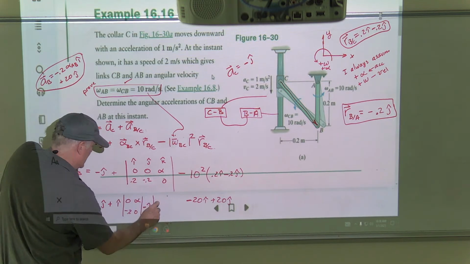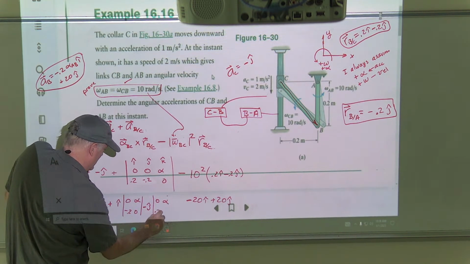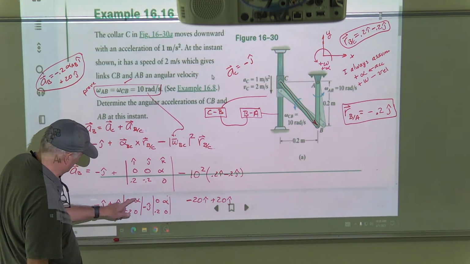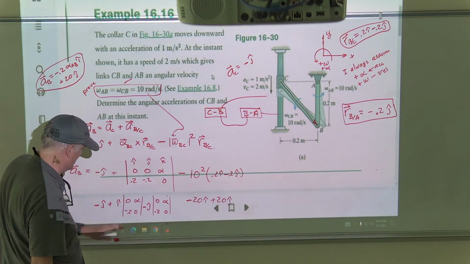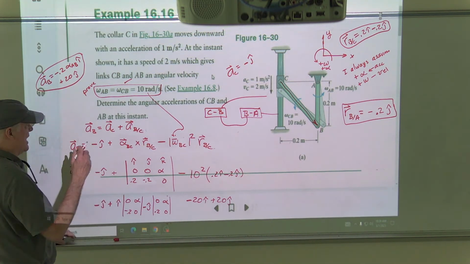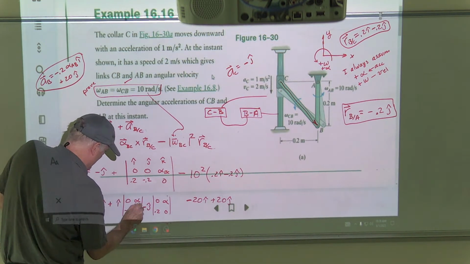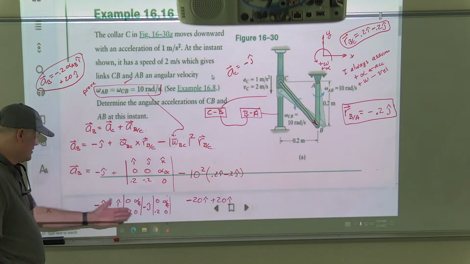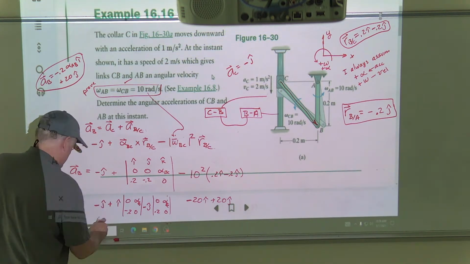The j, 0, alpha, 0.2. What's funny is the minus sits here, the minus sits out here, and a plus in there, so these two become the same. I should also be meticulous and put the BC here. And so you end up with this, and of course the minus j sits there.